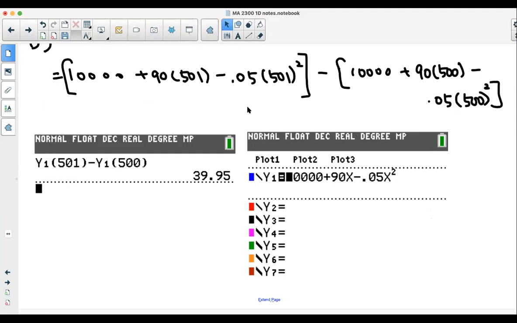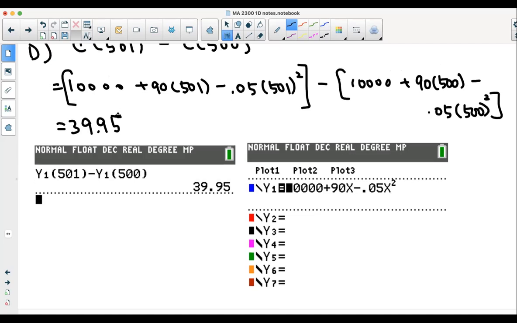So my answer ended up being 39.95. So $39.95. When you actually calculate the exact cost to produce one more item at the level of production of 500 per week, it will cost exactly $39.95. But as you can see, my calculation is somewhat tedious and ugly.